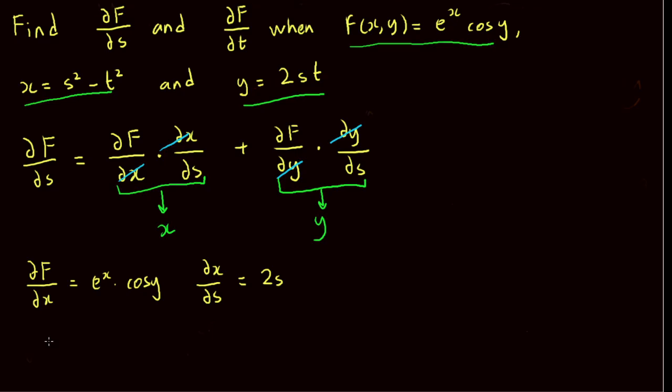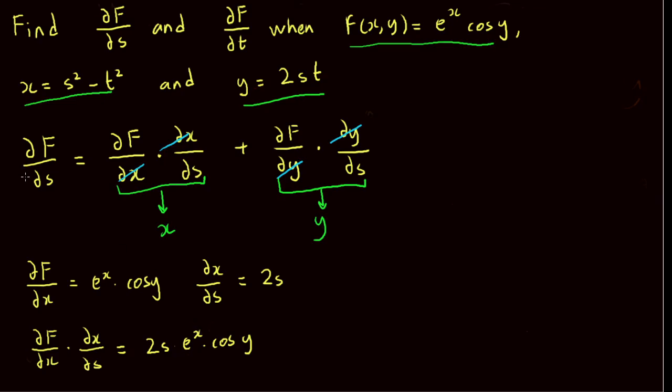Alright, so del f over del x times del x over del s is just simply 2s times e to the power of x cos y. Here's the thing I want to take your attention to.